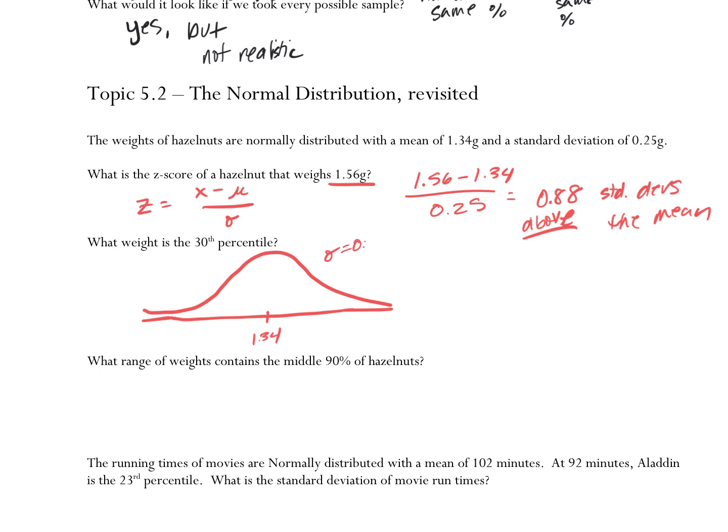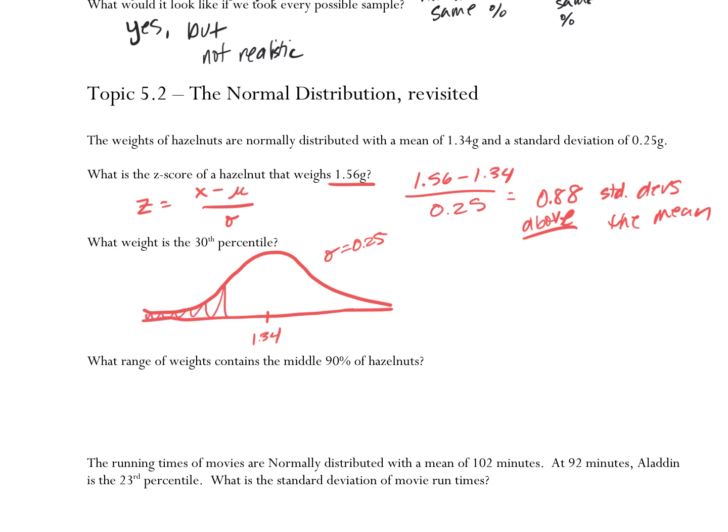Weight is the 30th percentile. What does it mean to be the 30th percentile? Isn't it like 70% of the population is going to be larger? Okay.